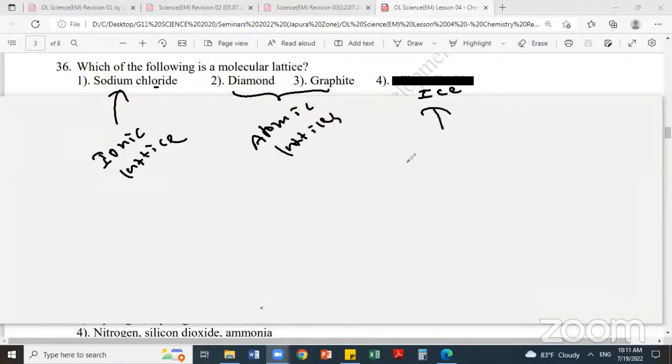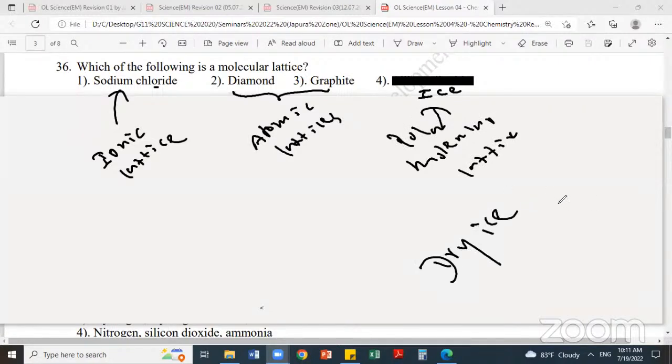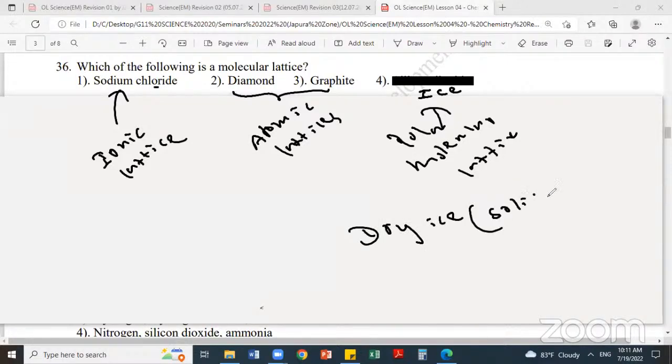Ice, right? Molecular lattice. Actually, polar molecular lattice. Even dry ice is also a lattice. What is dry ice? Solid carbon dioxide, solid CO2. That is also a lattice, but it is a non-polar molecular lattice.